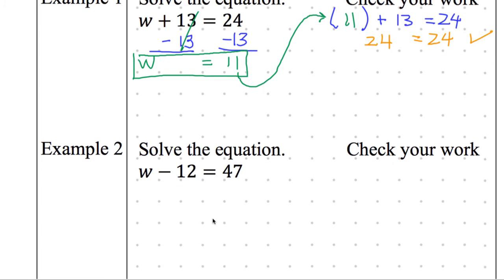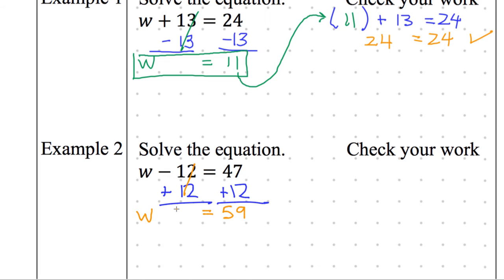And we're back. So 100 XP for a quiet raised hand who wants to walk me through this problem. Let's go with Sergio. So you add 12 to both sides. Add 12 to both sides. Okay. W equals 59, because this negative 12 and positive 12 cancel each other out.